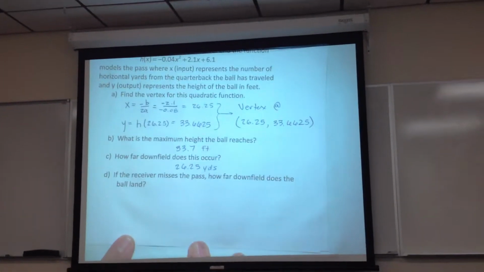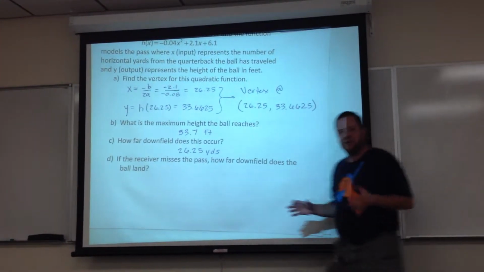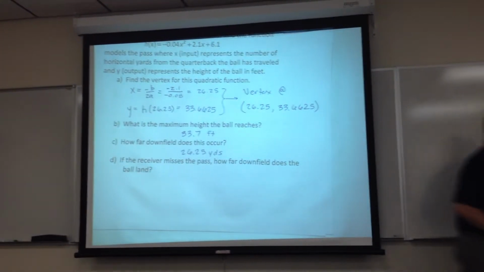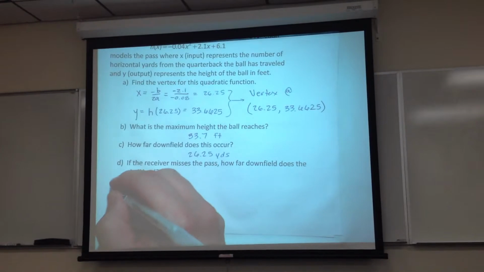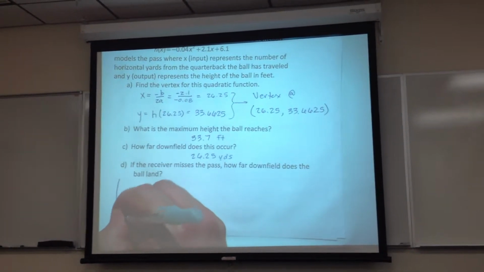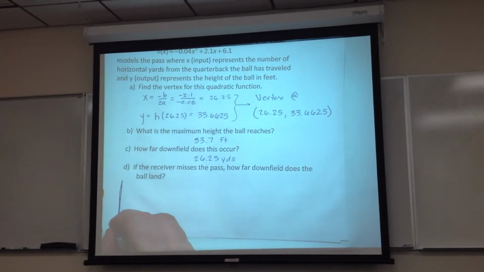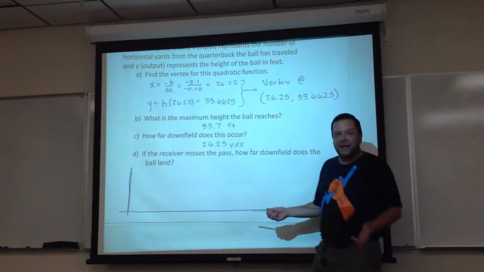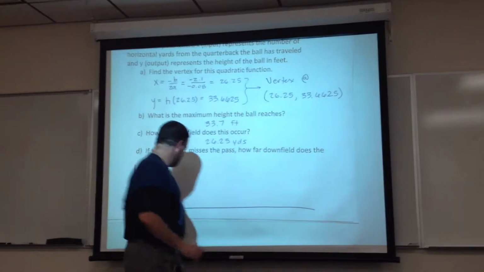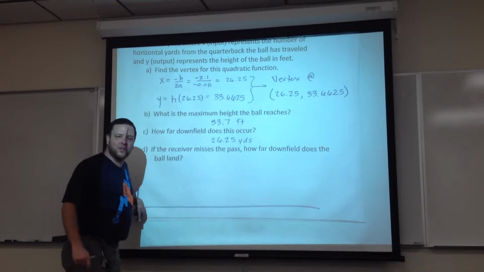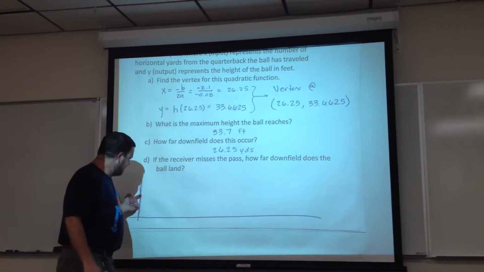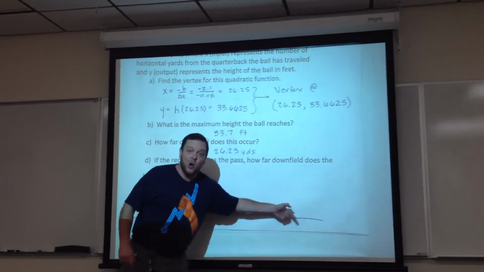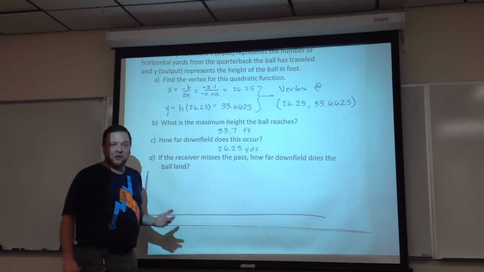Okay. So let's put a picture with this, just to make sure you get an idea of what's going on. If I put this on a rough sketch of graph paper, I'm not using the entire XY plane here, because the origin is kind of where the quarterback's standing. And then the parabola is going to make a path like this, representing the actual path that the football takes.